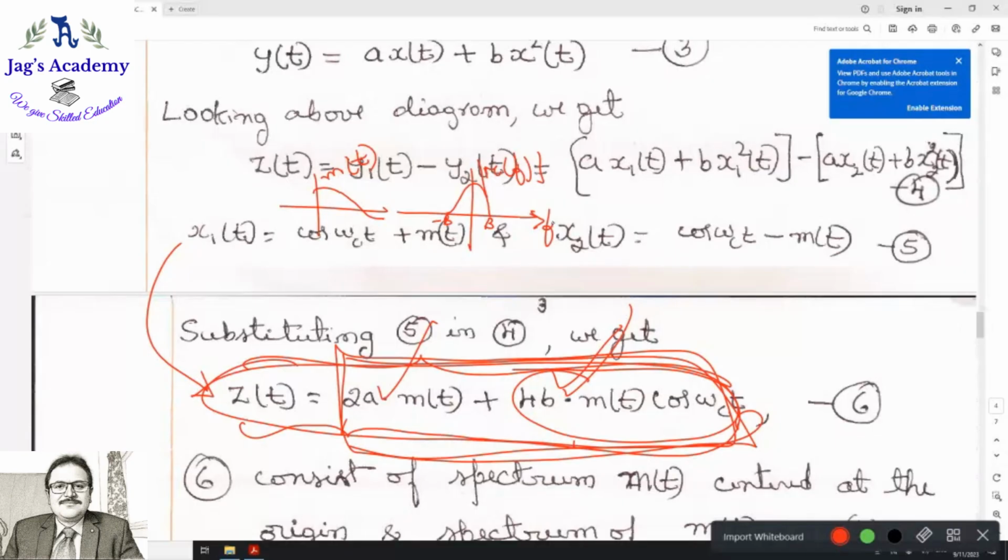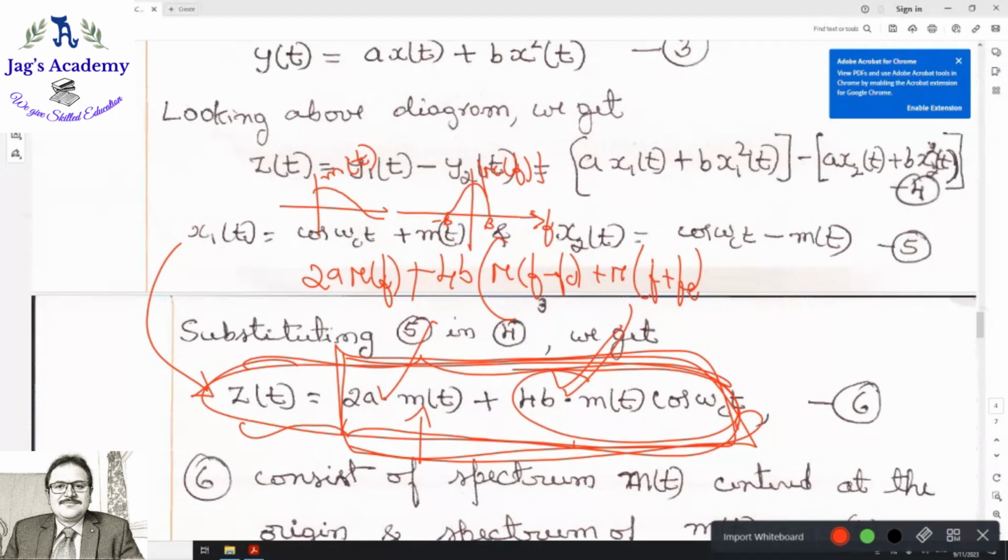So you will have 2a into m of f plus 4b into m of f minus fc plus m of f plus fc.